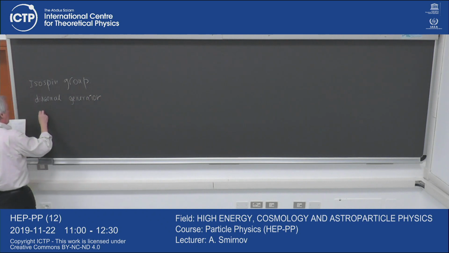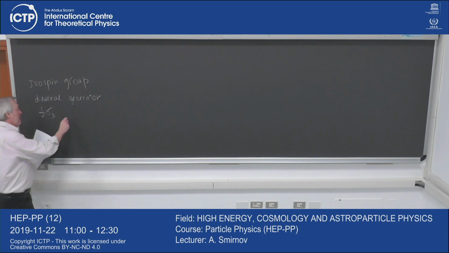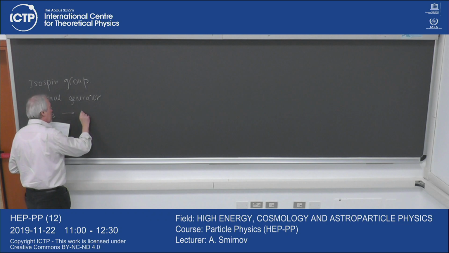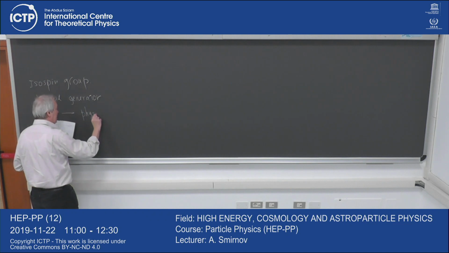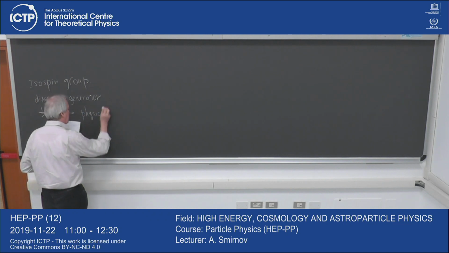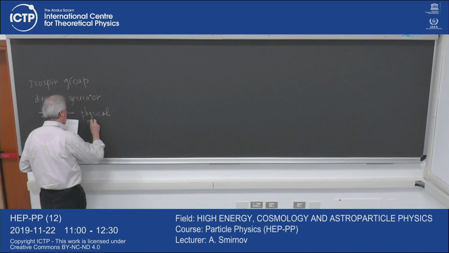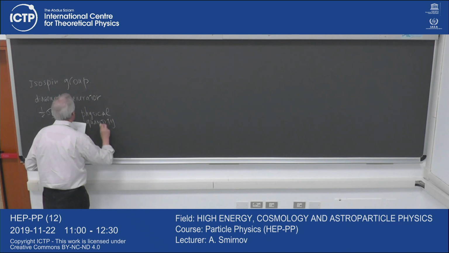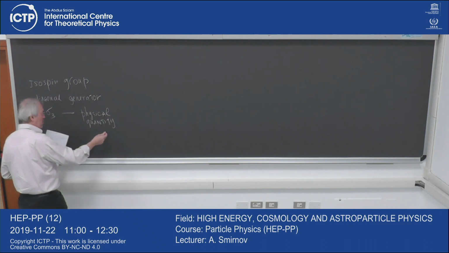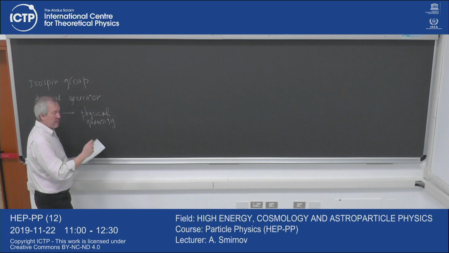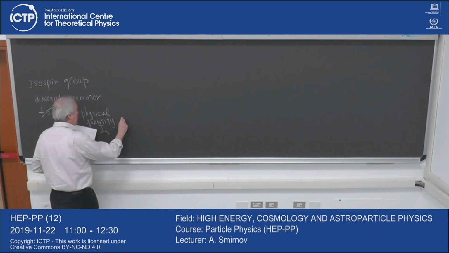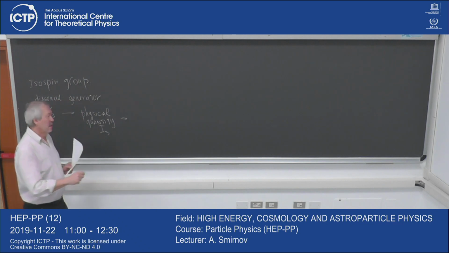More precisely, it is 1/2 sigma 3, and it corresponds to a physical quantity. This is what we call isospin, or the third projection of isospin. And that allows us to classify particles.